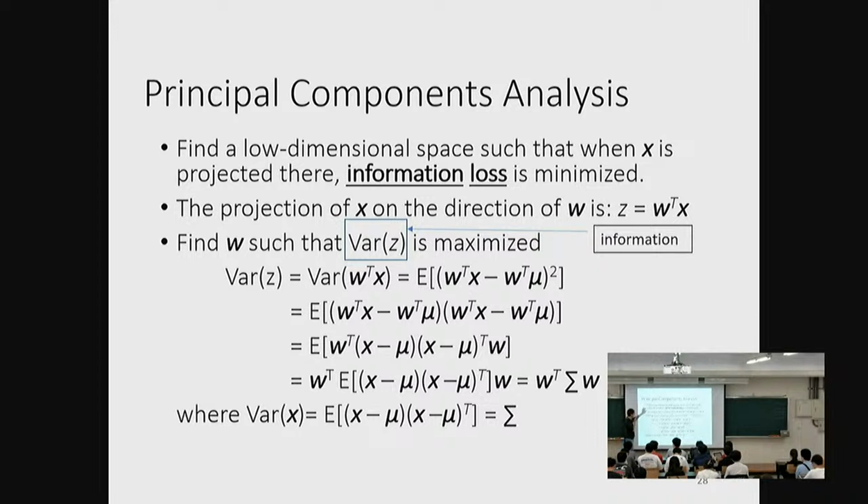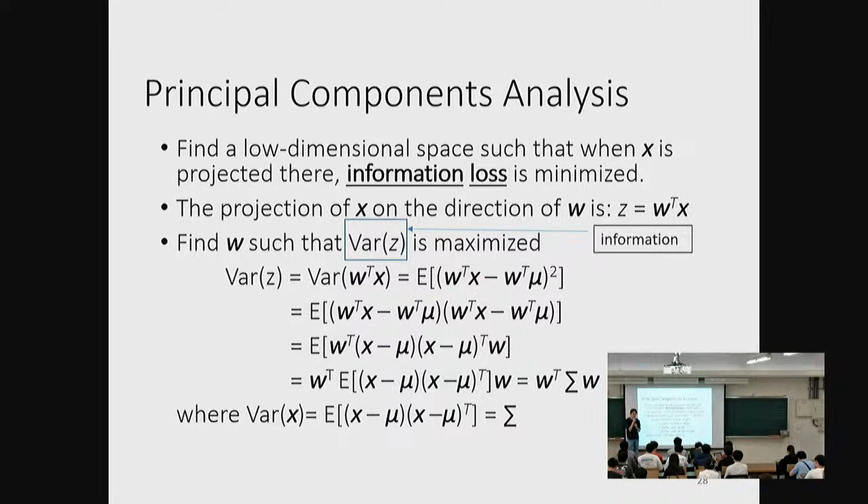So basically, you find a lower dimensional space such that when X is projected to that space, some information loss is minimized. Because when you project to a lower dimensional space, you're using fewer dimensions to represent the original feature, so something has to be lost. You want to find the projection where the loss is minimal.